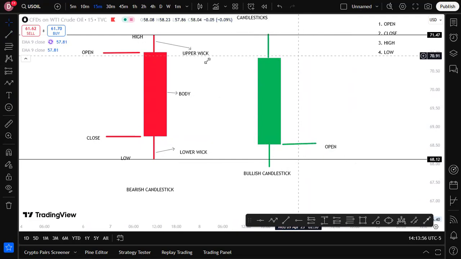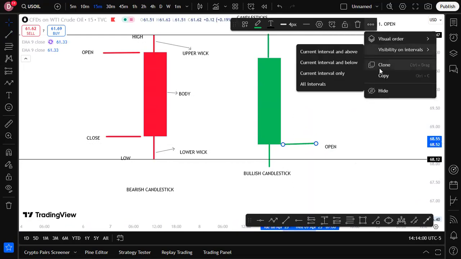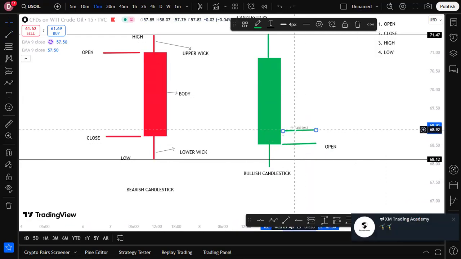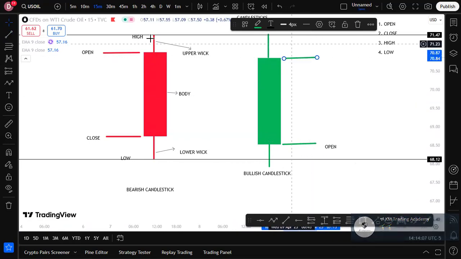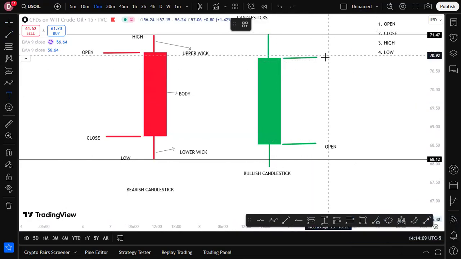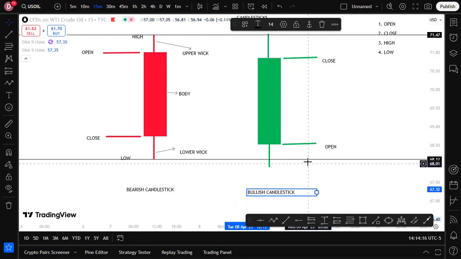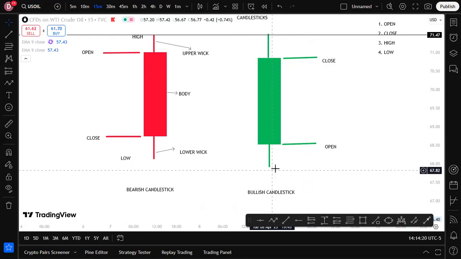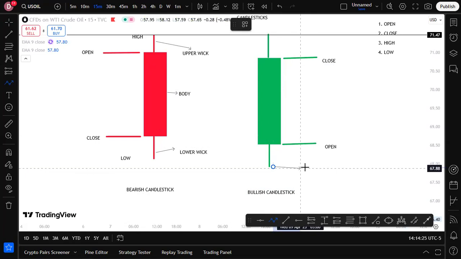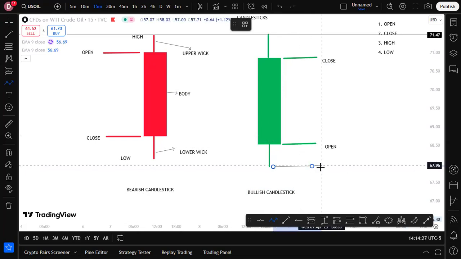Then here is our close. So this is our close. And here is the lowest point the price went to. So here is the lowest point price went to.